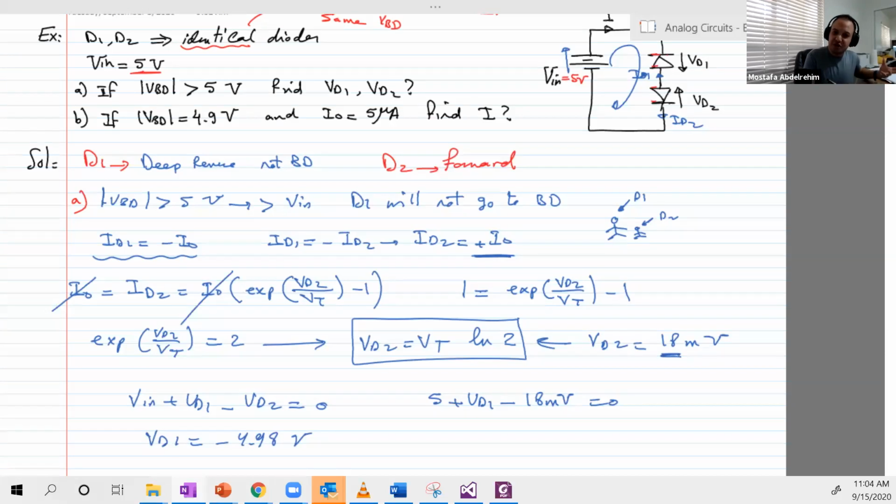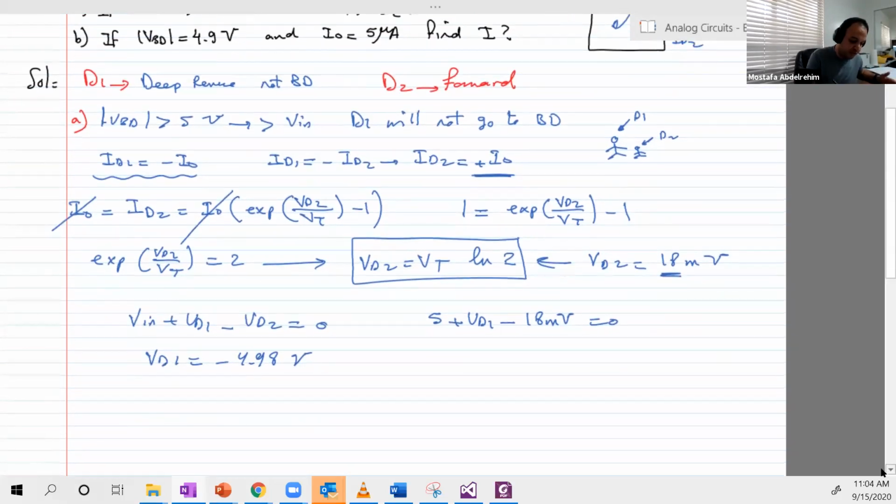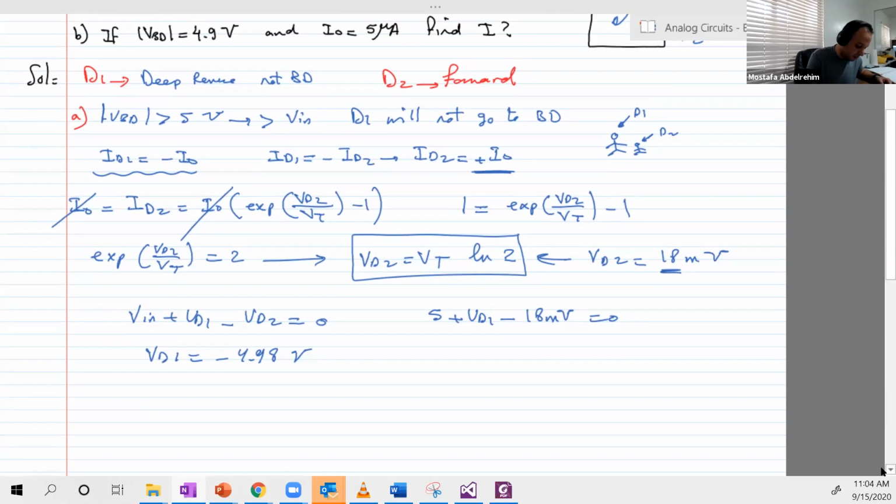Now let's do some checks to see if our assumption is right or wrong. Actually, it's right. So the basic check here is that we said that since D1 is in deep reverse, its current is minus I naught. Okay, good. ID1, so this is a check, equal to I naught, which we don't know, by the way.